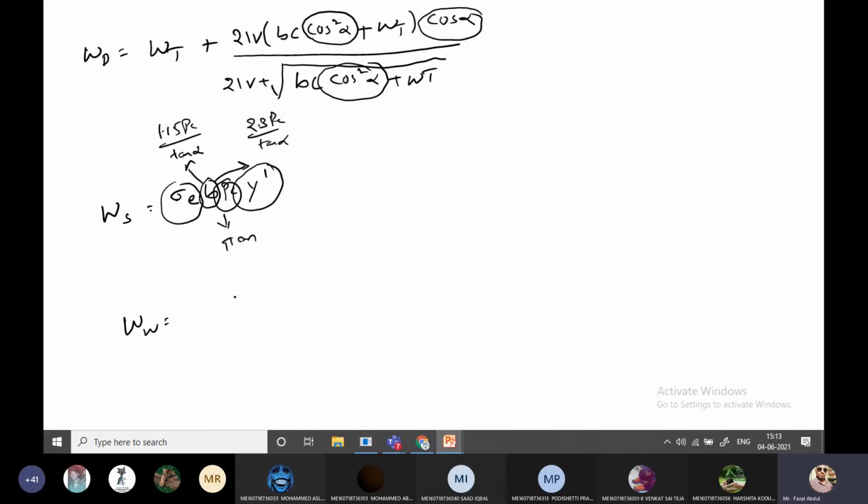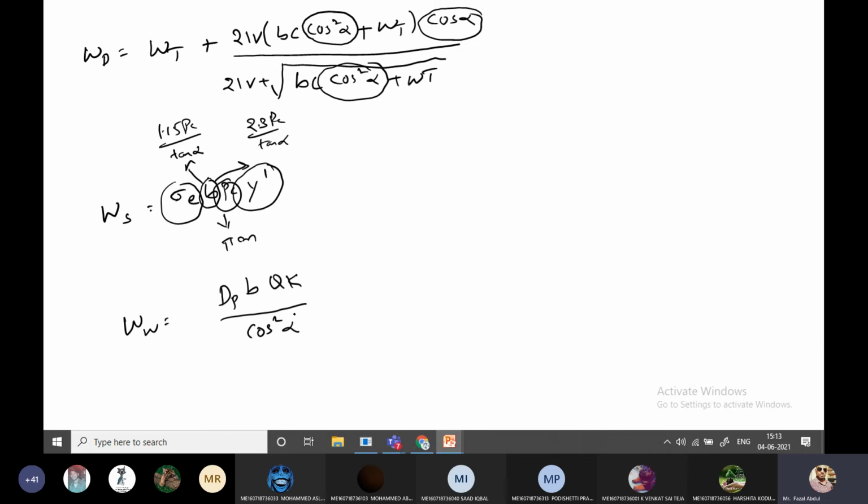Now the third one, the wear load. How much? Dp into b into Q into K. Same equation, and additionally for the helical gear I write cos square alpha. Why do I write cos square alpha every time? Because the teeth are helical, and the helix angle is additionally generated in the helical gear.